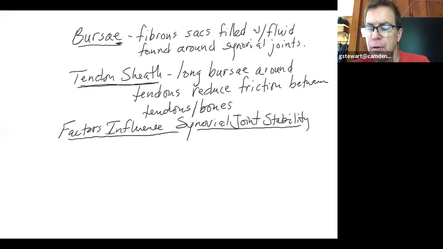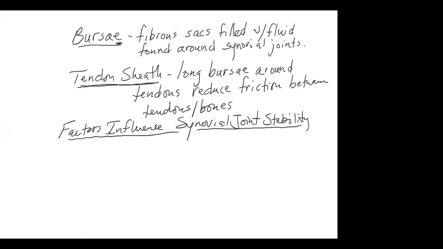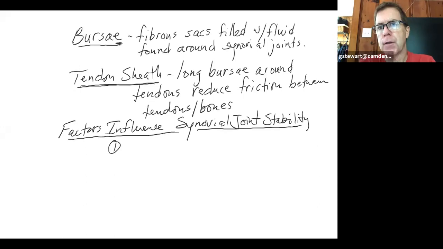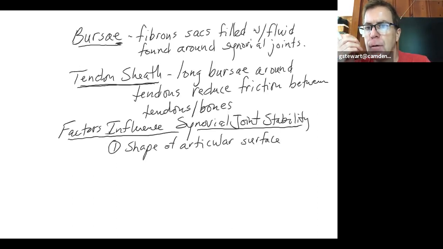They're the most movable in the human body, but they're also typically the weakest. First, the shape of articular surface. That helps dictate or influence the joint stability.